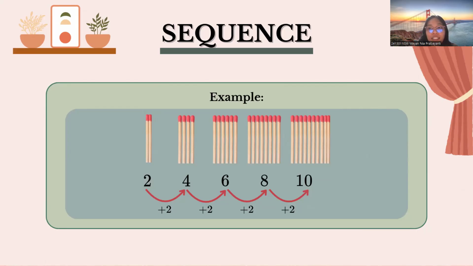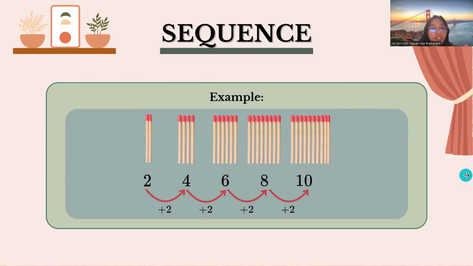So the term after 8 is 8 plus 2, which equals 10. A sequence can follow all kinds of rules, some simple, some more complex. In this lesson, we are going to focus on only two important types: arithmetic sequences and geometric sequences.